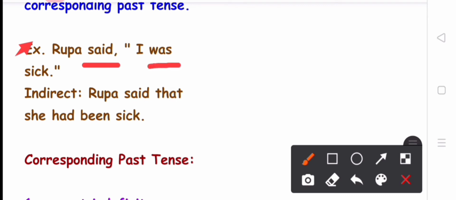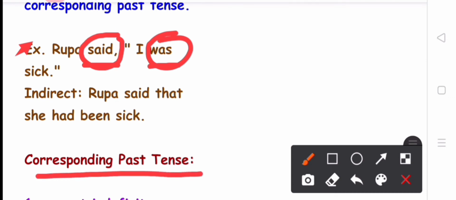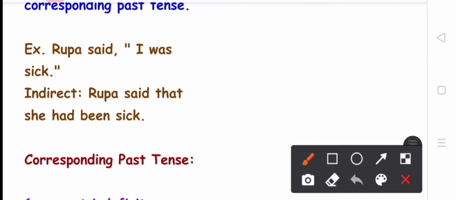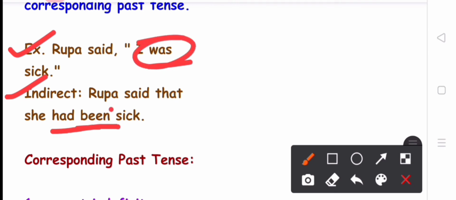According to the rules of narration, if the reporting verb is in the past tense, then the reported verb will be changed according to the corresponding past tense. Rupa said that she had been sick. So was has been changed into had been. It is called corresponding past tense.